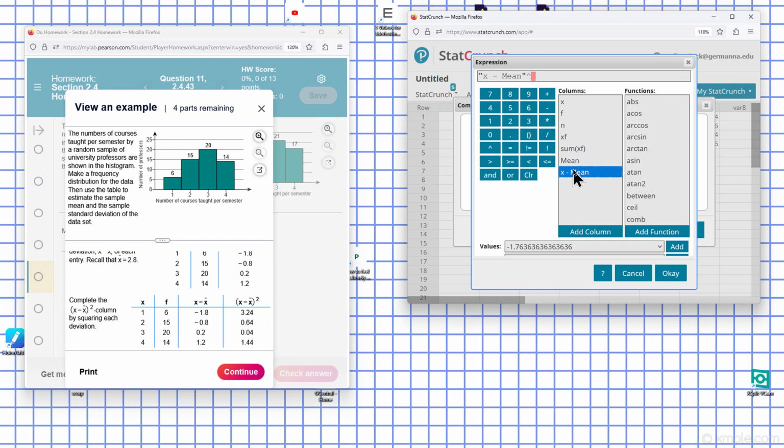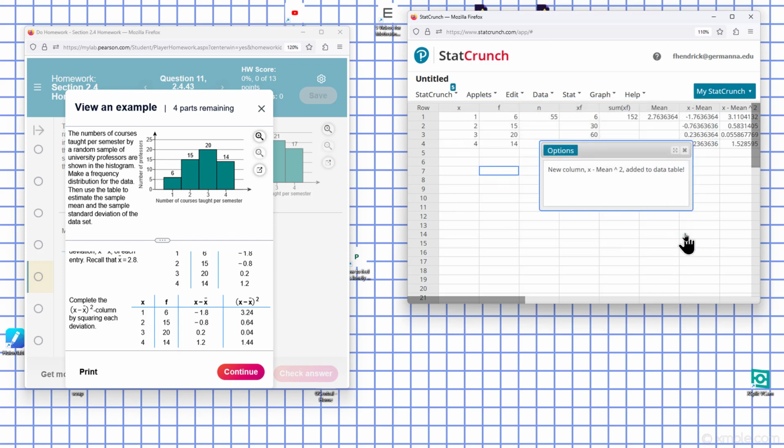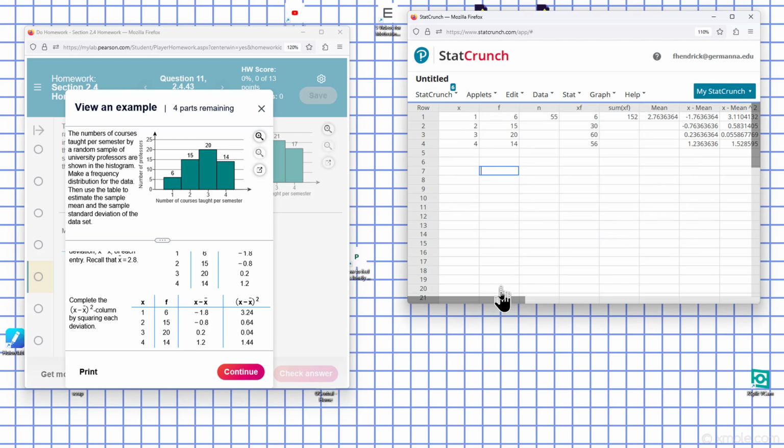Then I put a 2 there and hit OK. Now to square it, I'll hit compute. There are the squares.